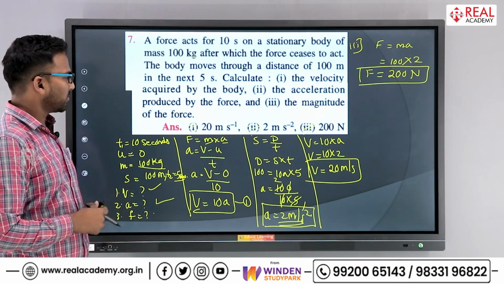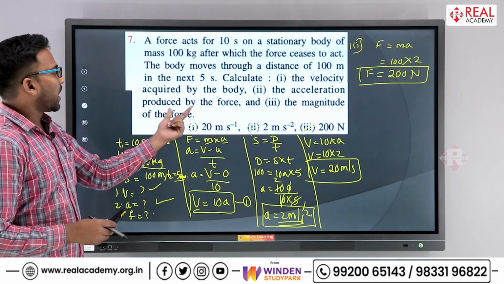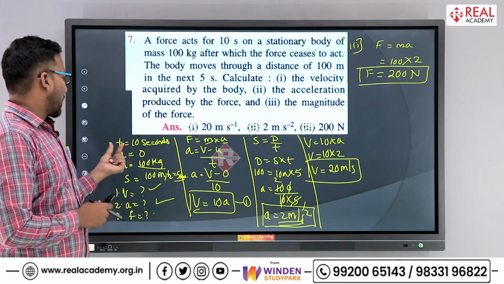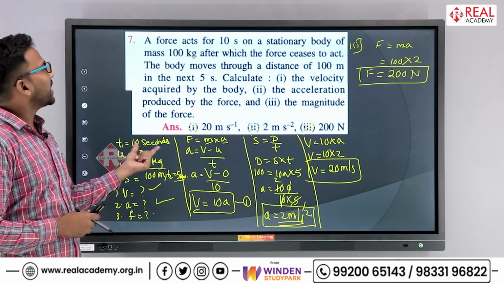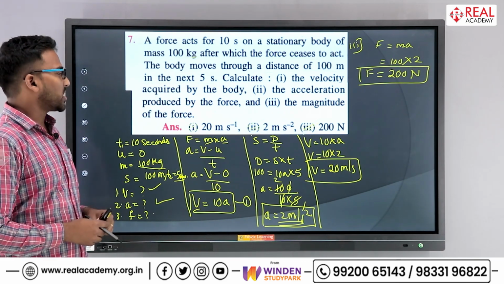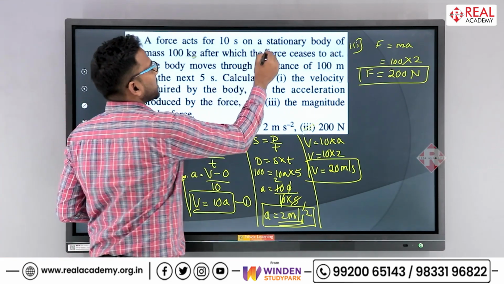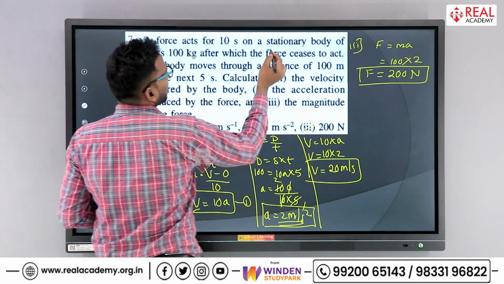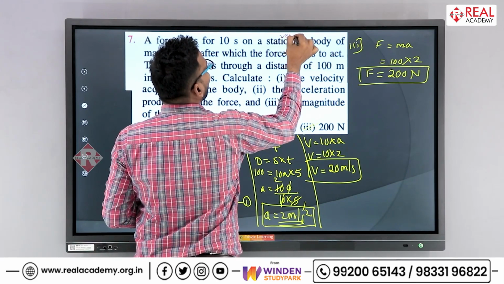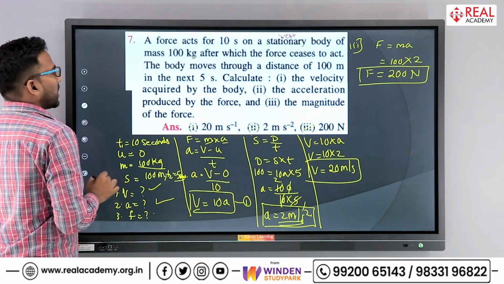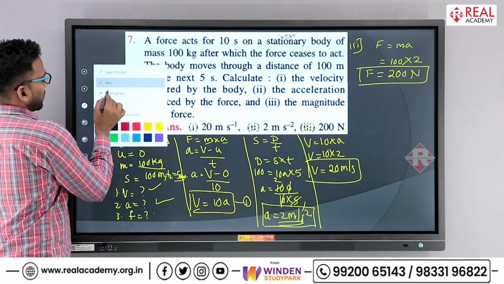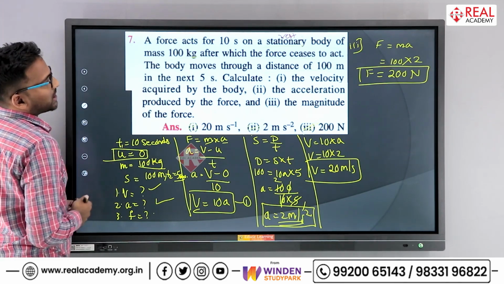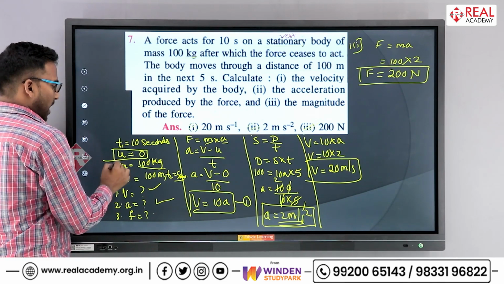Clear with this sum? Okay, let's take a quick revision of this sum. A force acts for 10 seconds. So that's why we have taken T1 as 10 seconds, on a stationary body. Stationary means rest. Rest means initial velocity 0, of mass 100 kg.